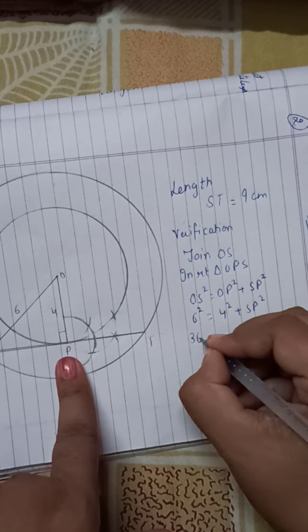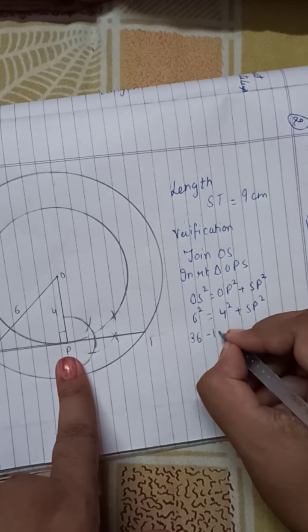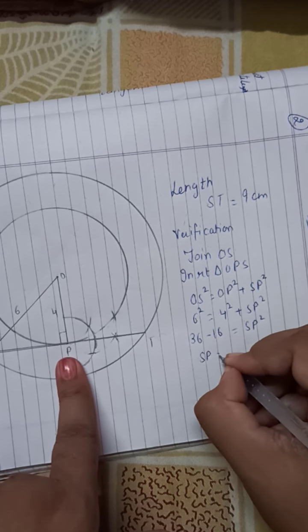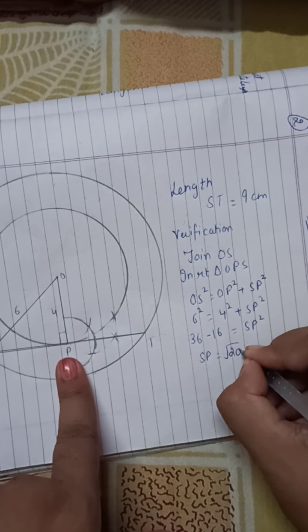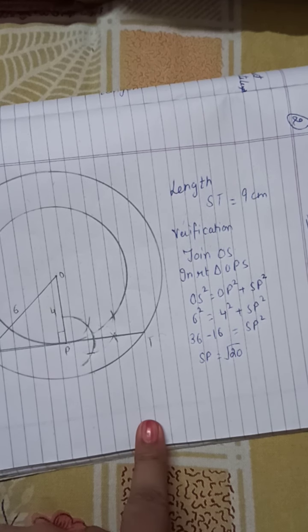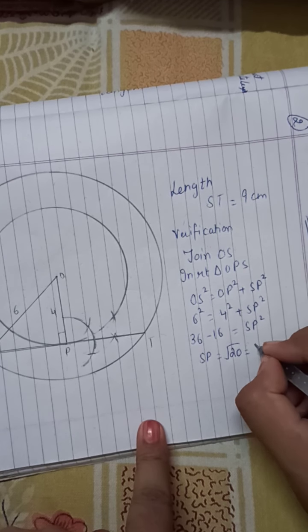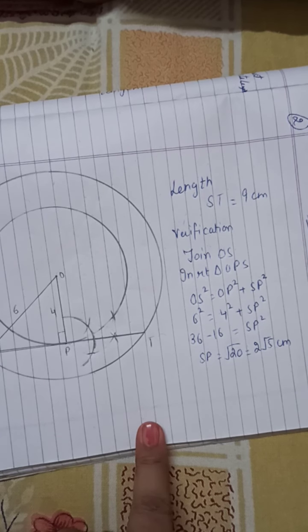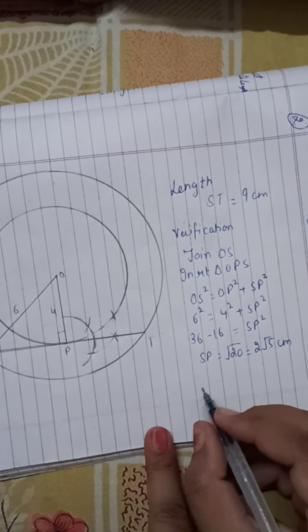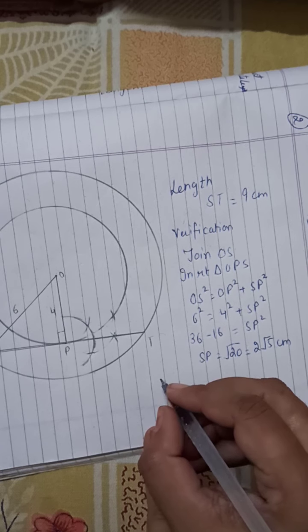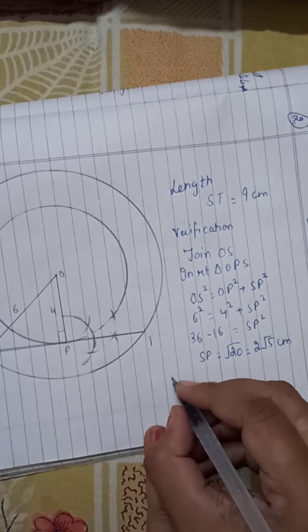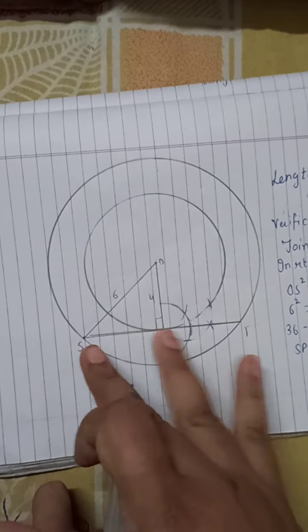This will be 36, take 16 to the other side, minus 16 equals SP square, and SP equals under root of 20, which you can write as 4 into 5, or 2 root 5 centimeters, because we are measuring the length in centimeters. The approximate value of root 5 is 2.26.